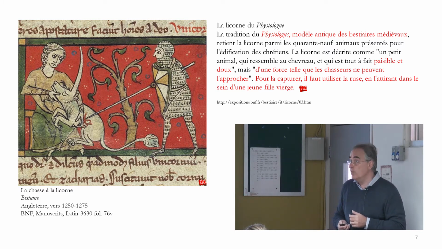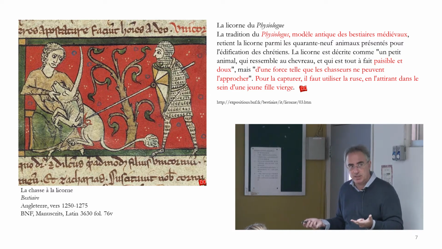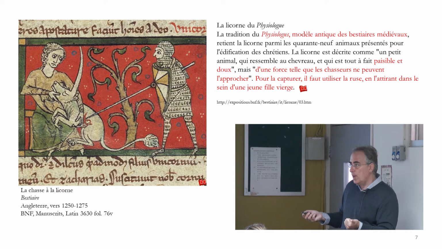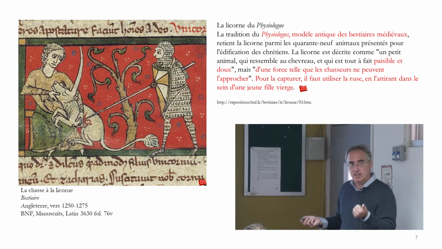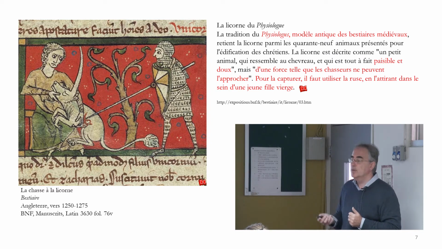So let's review it again. An animal that is very nice, very kind, but which does not let itself be captured easily by hunters. Hunters need to capture it by asking a young virgin to call the unicorn, who will then peacefully lay his head in her lap so that hunters can come and kill it.